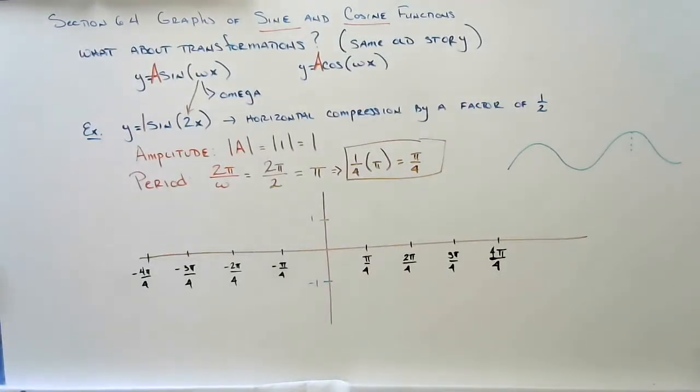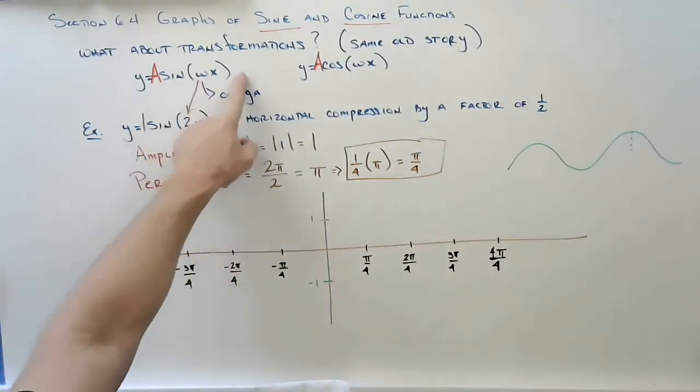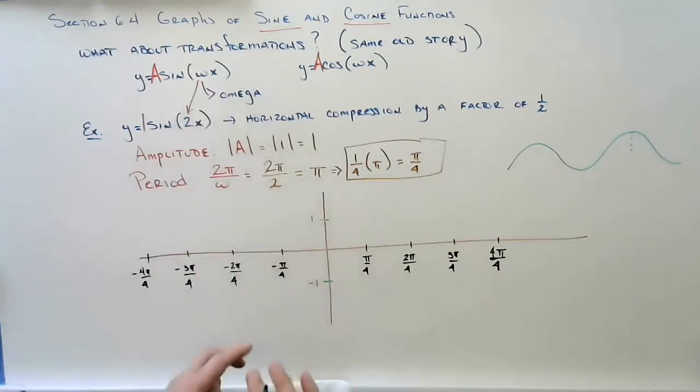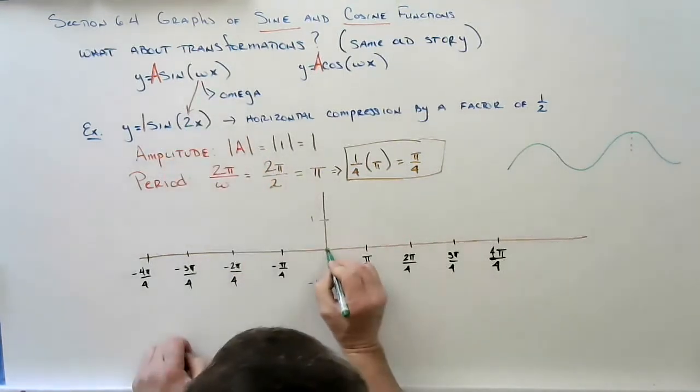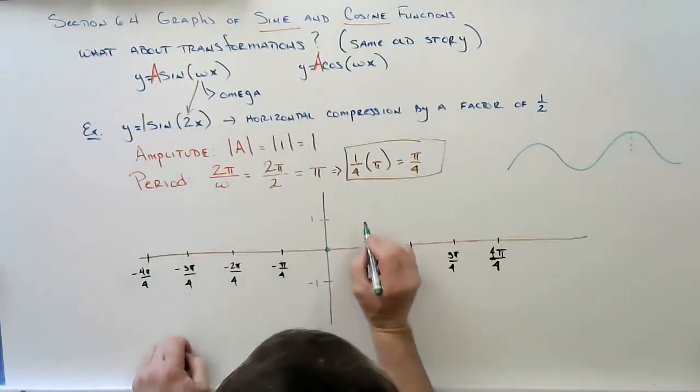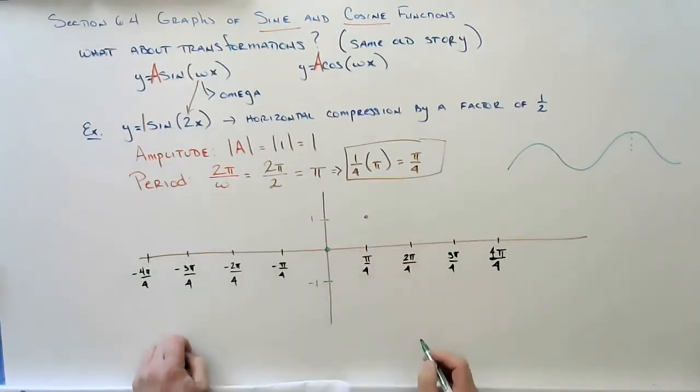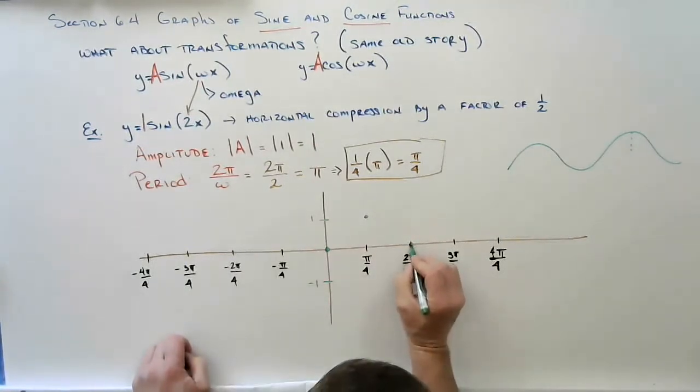Now I have to put my dots down. We don't move left or right. There's no plus or minus inside here. We're not moving left, we're not moving right. So we know we're graphing sine. Sine starts right there. Then at the first dot, it's 1 high. At the second dot, we're back at 0.